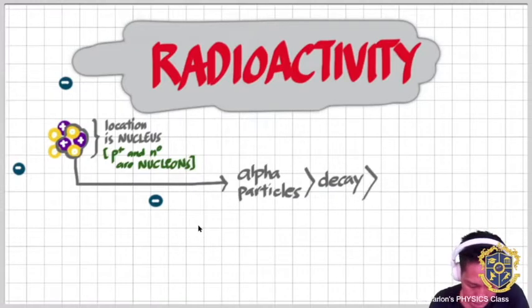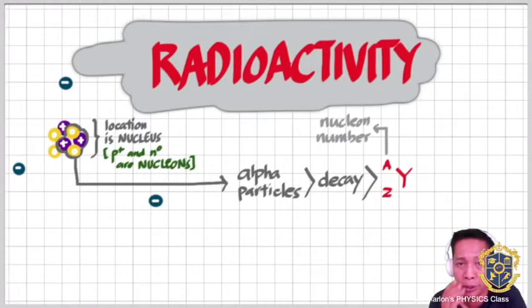Now, imagine we have a heavy nucleus. We call it maybe the nucleus of atom Y. And we have a number here as our convention. By the way, just for a recall, this is not a new thing to you. This is called the nucleon number. In chemistry, they call this the mass number.